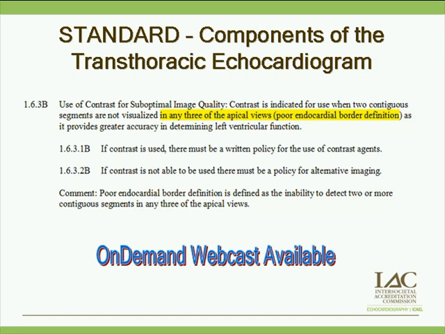If contrast is used, of course, you have to have a policy in place for the use of contrast agents. Poor endocardial definition is defined as the inability to detect 2 or more contiguous segments in any of the 3 apical views. So if you're not getting a good look at those walls, go ahead and use your contrast.